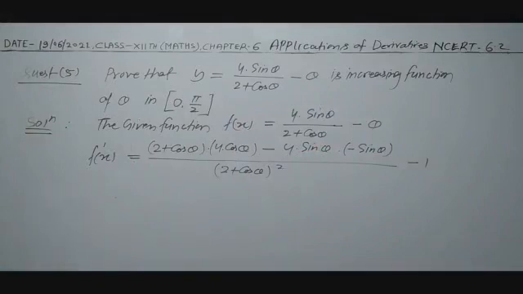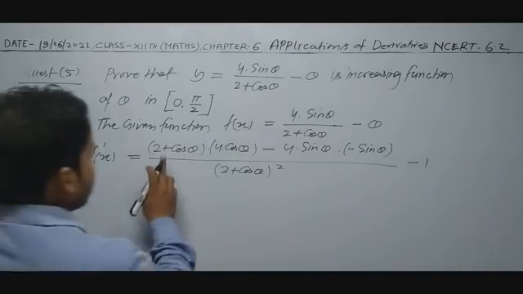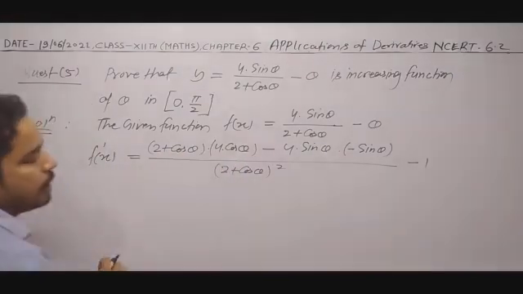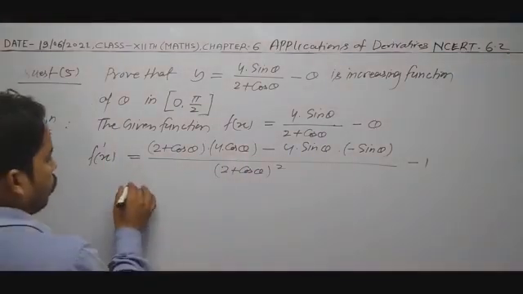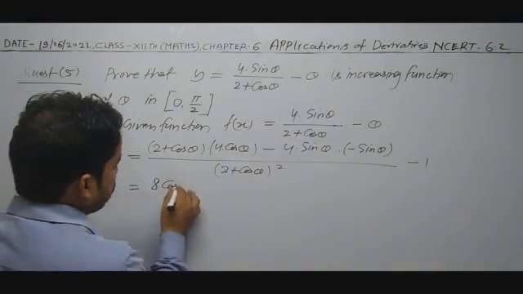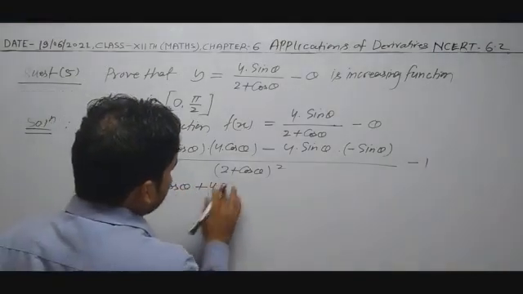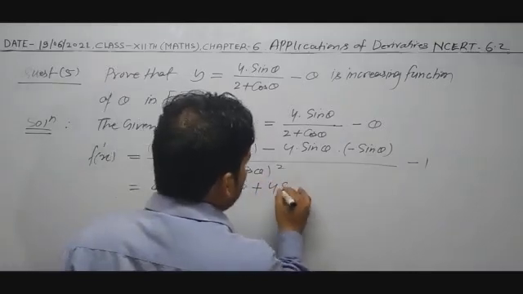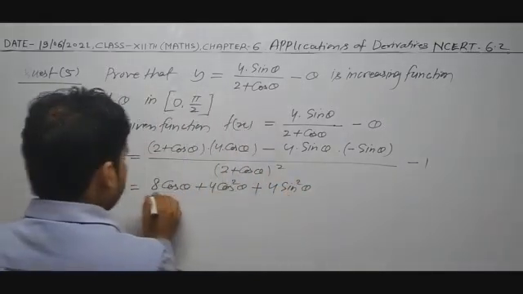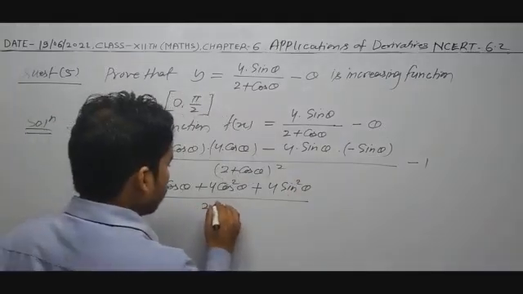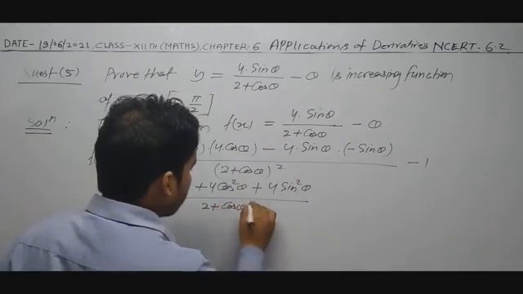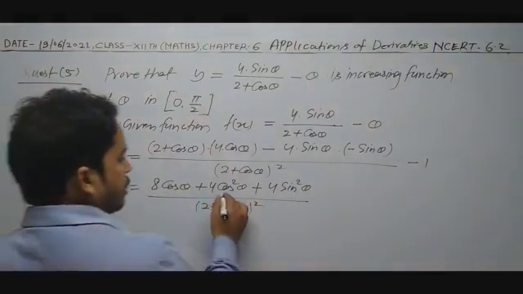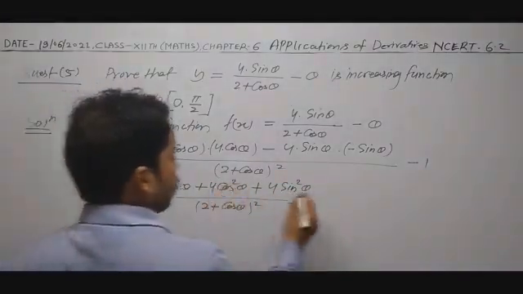So after calculation the result will be: 8 times cos theta plus 4 times cos square theta plus 4 times sin square theta, whole upon (2 plus cos theta) whole square, and this result is 4.